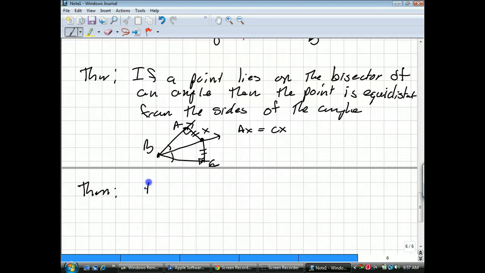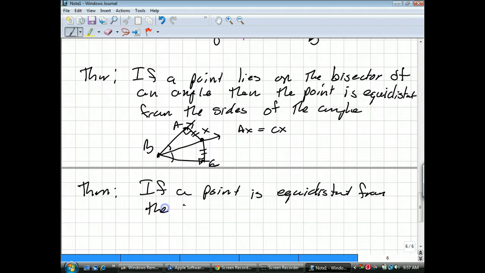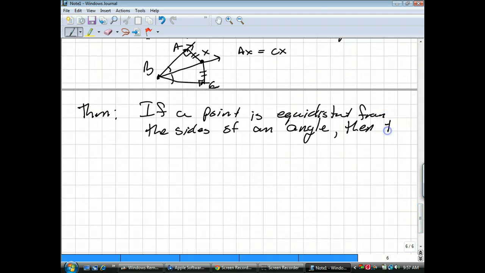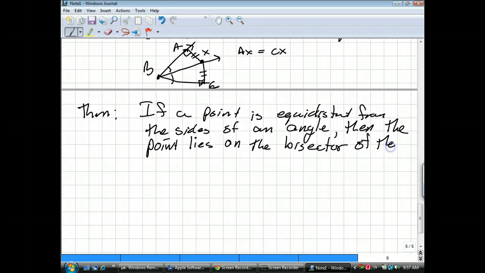Okay, the converse says if a point is equidistant from the sides of an angle, then the point lies on the bisector of the angle.